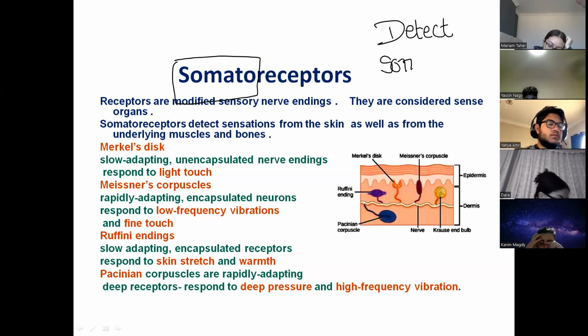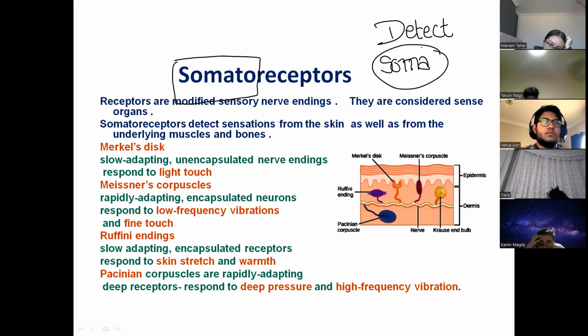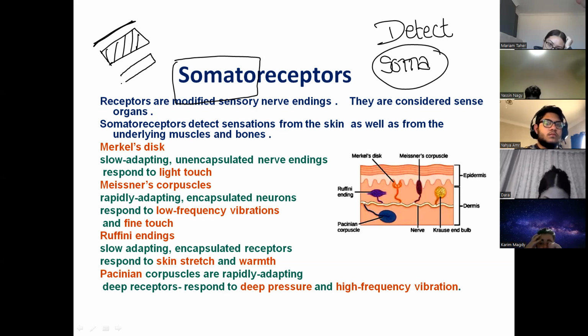Soma is a scientific term used in the embryo. When we talk about the embryo, it indicates the skin and the parts of muscles and bones underneath. Because when the embryo first forms, it consists of somites, divided into pieces of muscles, under them pieces of bones, and above them the skin.